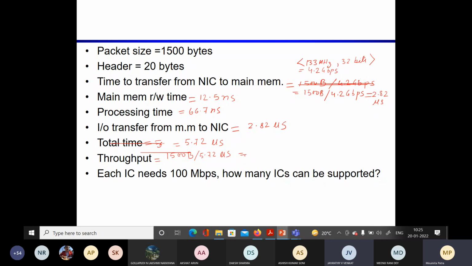How much are you getting? 2.1 Gbps. Others are also getting this value? Yes, ma'am.